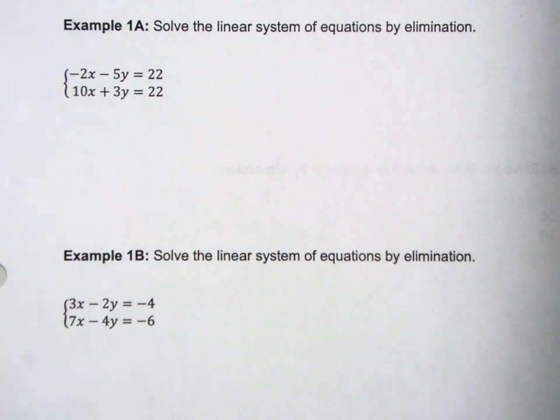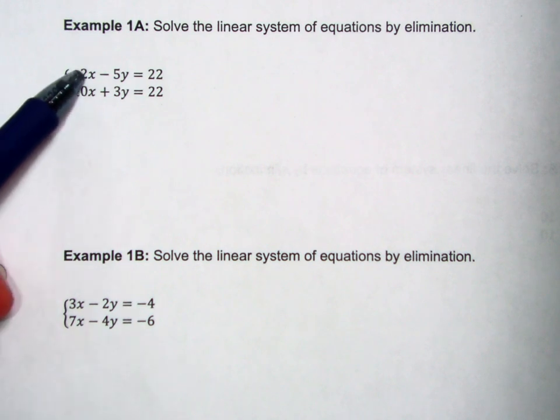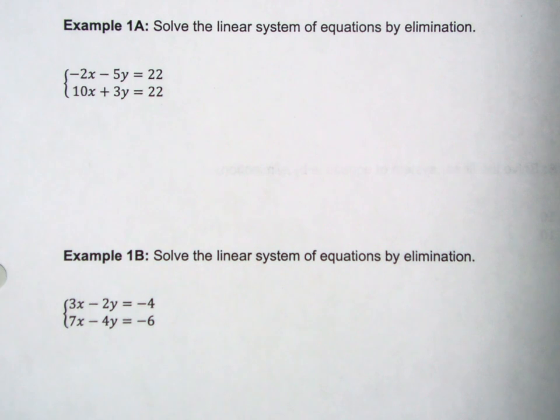We're going to have to identify a variable that we would like to get to be the same and change the entire equation in a way that it doesn't change the values of x and y. So as you look at example 1a, what you'll notice is that 2 is a factor of 10. Simply meaning that if I multiply 2 by something, I could change that 2 into a 10.